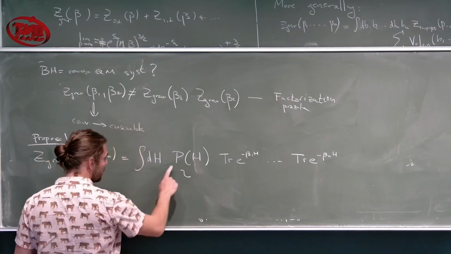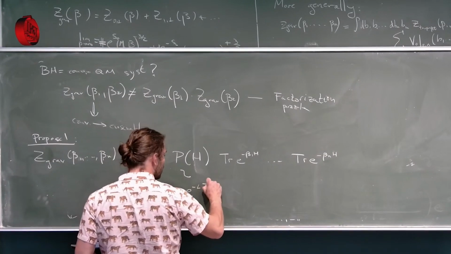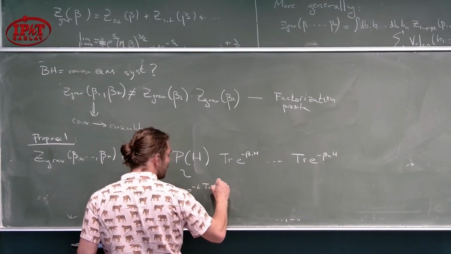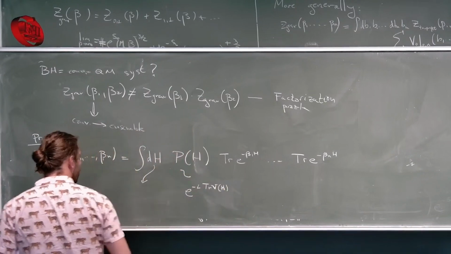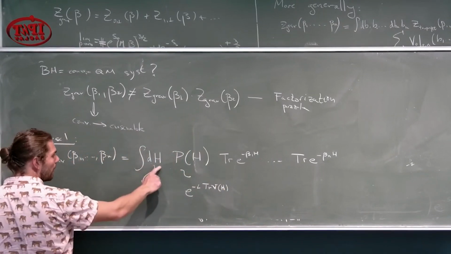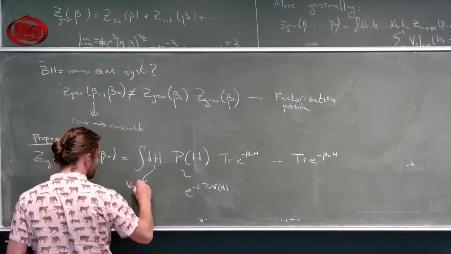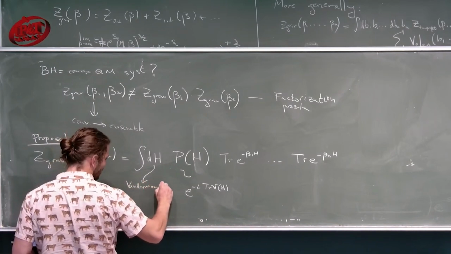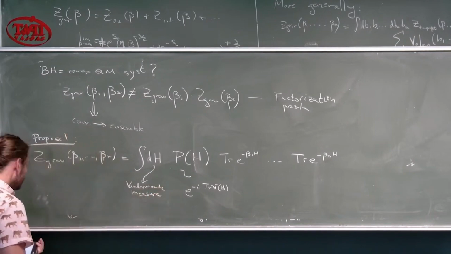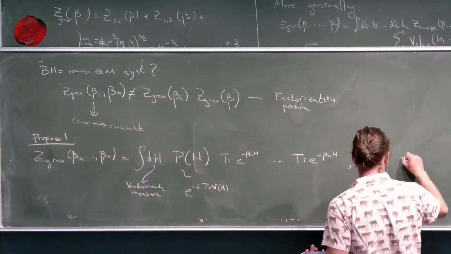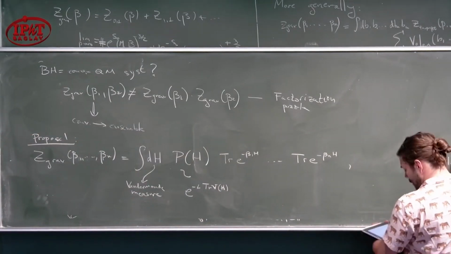Namely, if you take this probability over Hamiltonians to be given by e to the minus L trace of some potential V of H, and this integration measure over Hamiltonians is given by the Vandermonde measure. So here L, H, we'll start by thinking about them as L times L Hermitian matrices.